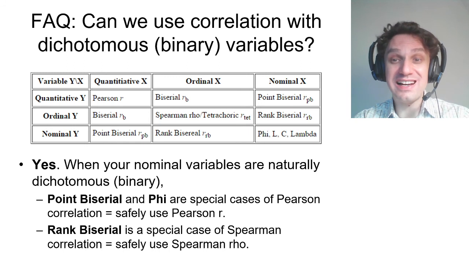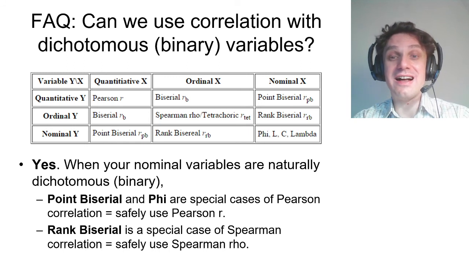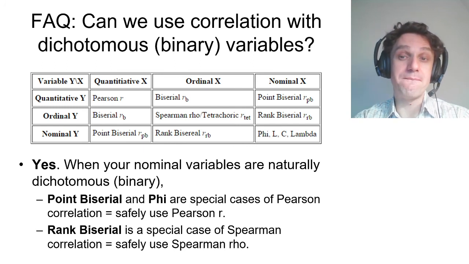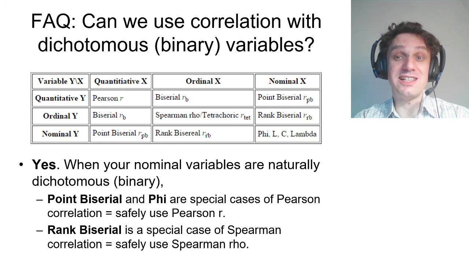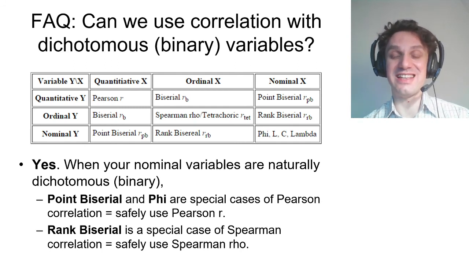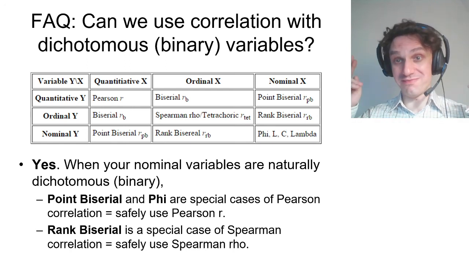A frequently asked question is, what about binary variables? For example, if you have an outcome on an exam, success or failure, or gender, male versus female, can you calculate correlations with these binary variables? Well, in principle, these variables officially are nominal.